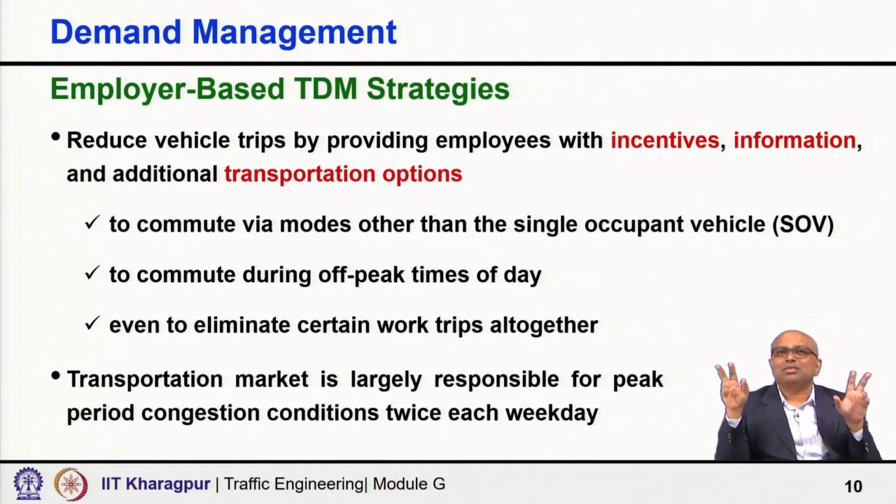So, twice each weekday the suffering is primarily due to this work trip. So, if we can do something, particularly employer based TDM strategies, that can work like magic, it can help a lot.